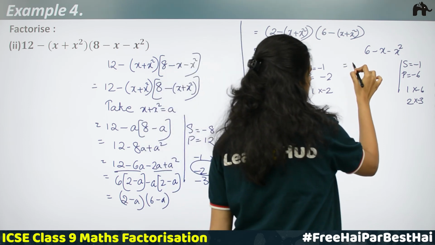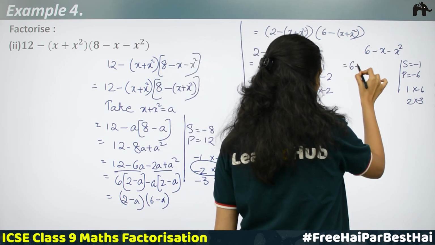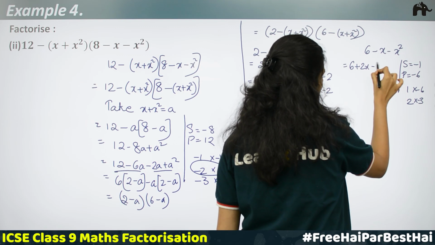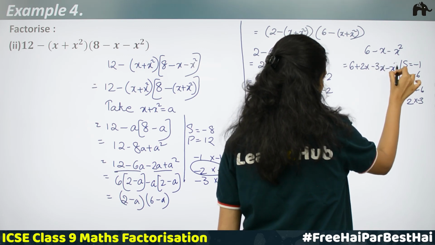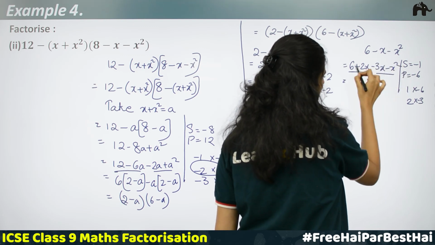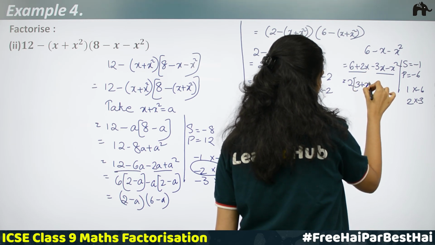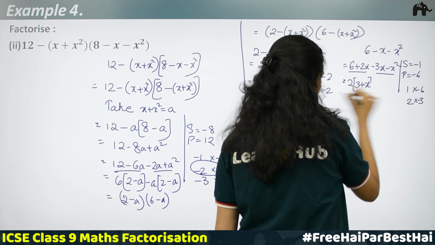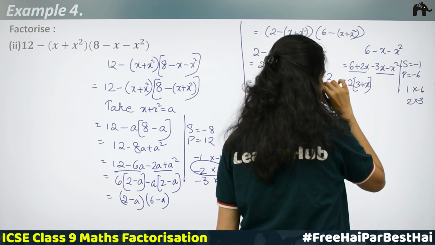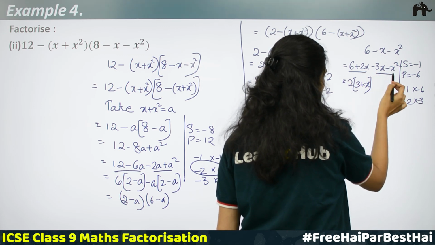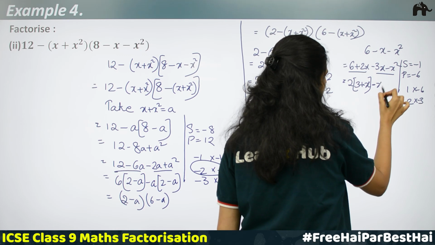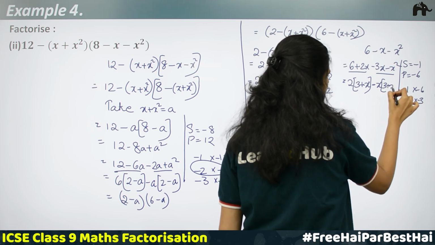Okay, this becomes 6 plus 2x minus 3x minus x square. Now take grouping, taking common, 2 is common, 3 plus x. Now here you can see x is common and the negative sign taken out, minus x into 3 plus x.